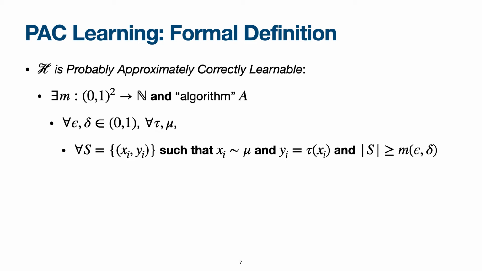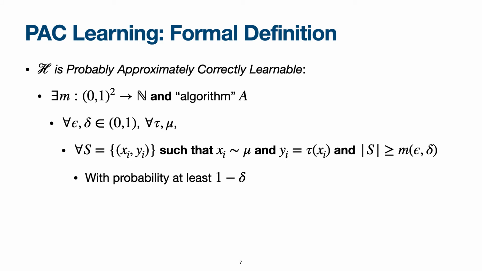The labels are the image by tau of xi, and such that the size of S, the number of examples in S, is greater or equal to the sample complexity for the desired accuracy and confidence.